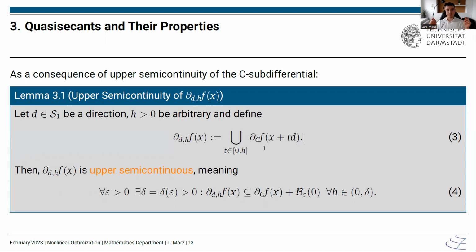Then this set is also upper semi-continuous. That is an immediate consequence from the upper semi-continuity of the Clarke subdifferential, because this line segment itself can be embedded into a ball. And then if h approaches 0, we have exactly the same argument as in the definition of upper semi-continuity. So we have this identity here.